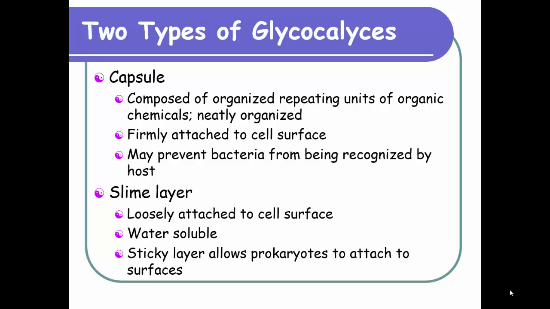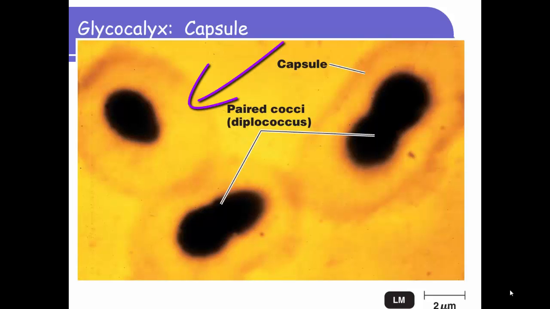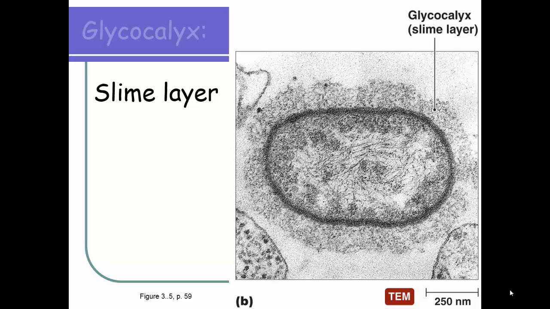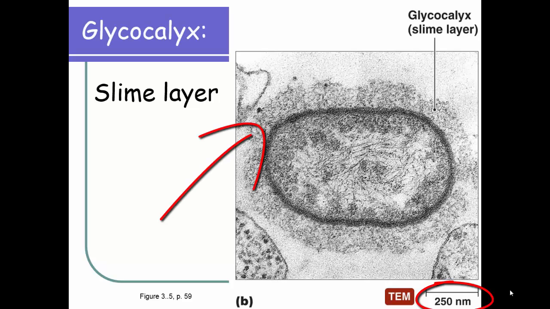Typically it will be water soluble because it's mostly going to be sugars, and it provides a sticky layer that allows the prokaryotic cells to attach to surfaces or to each other. Slime layers are very important in something we'll describe later on, known as biofilms. Here's an example of a capsule around some diplococci. And here's a high magnification of a slime layer around this bacterium.